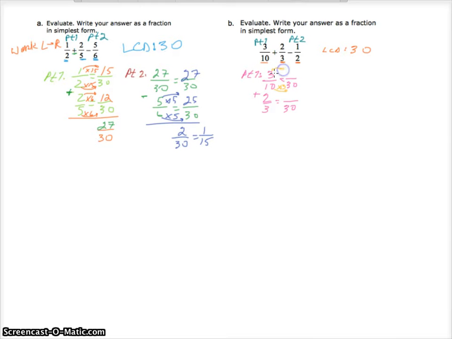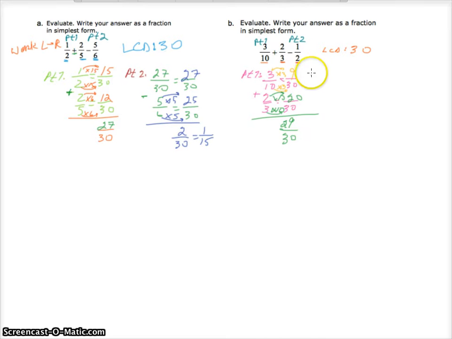So on the top, I've got to also do times 3, which gives me 9 over 30. On bottom, 3 to 30 is by 10. So the top is by 10. 2 times 10 is 20. So I have 9 plus 20, that gives me 29 over 30.